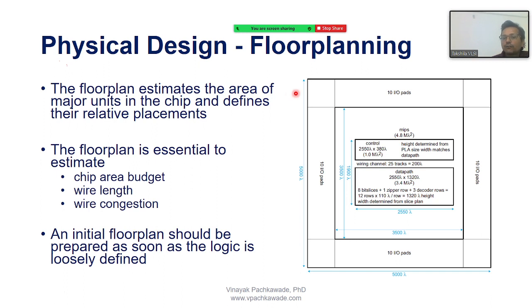So floor plan helps me to estimate the area of the major units in that processor. What are the major units? The memory, arithmetic logic units, data buses, input output interface, mixed signal circuits, analog RF. I explained that. So it will help me to estimate area and define where I can place them, right, which section.